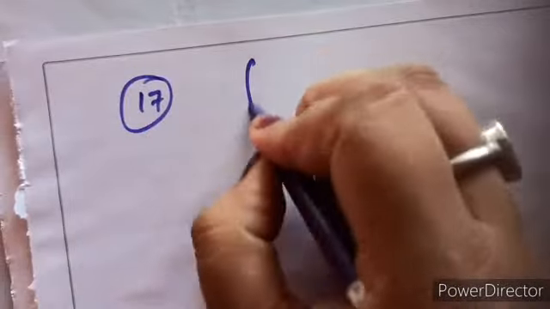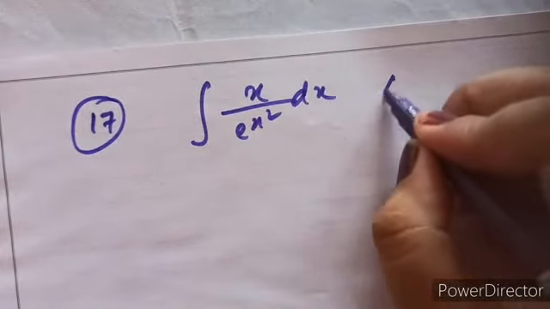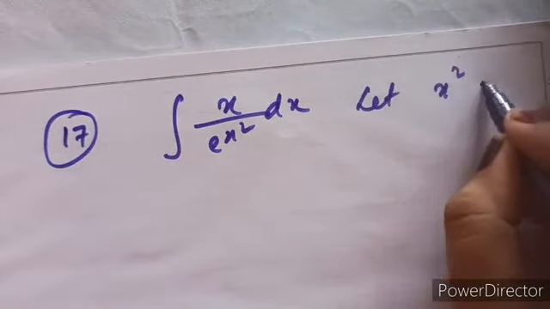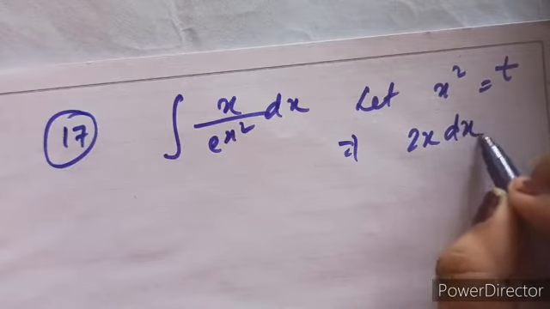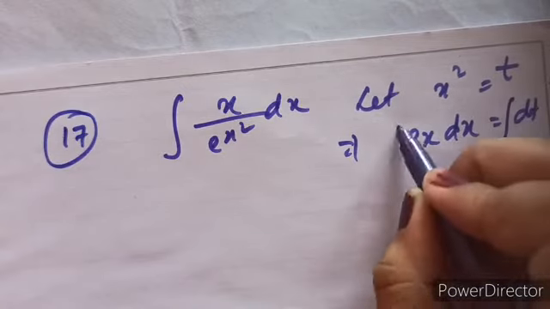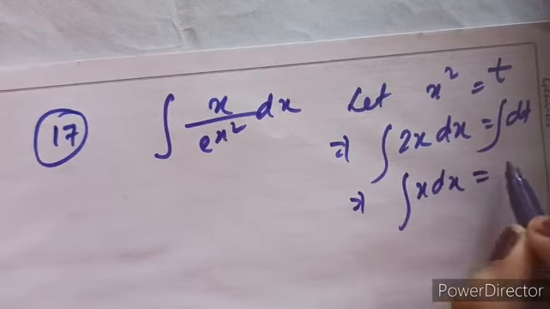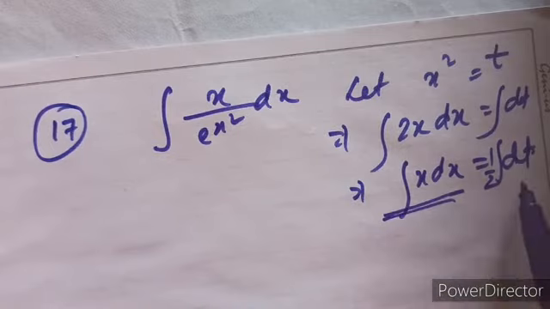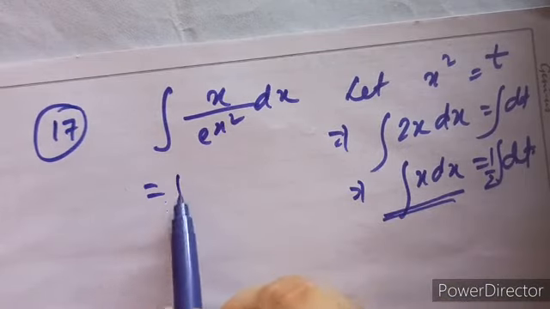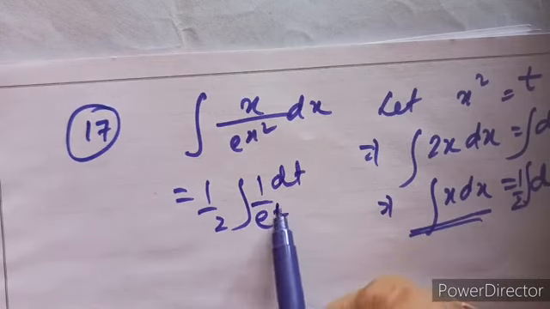Next is question number 17. That is integration x e to the power minus x square dx. So let x square equal to t. That means 2x dx will be dt. Since your numerator is integration x dx, so half I can bring here. So I have to substitute this part as this. So integration x dx, I have to write half integration dt over e to the power t.